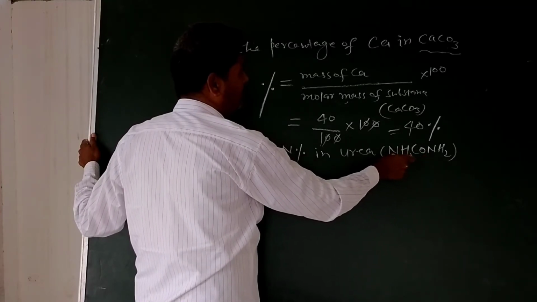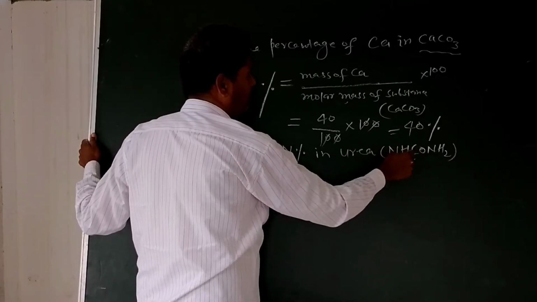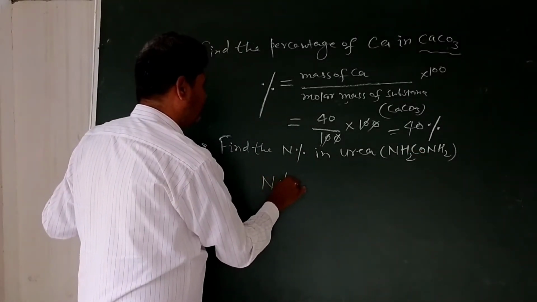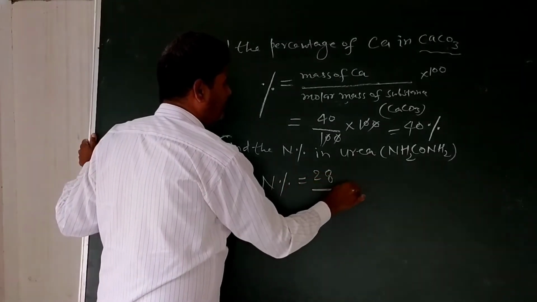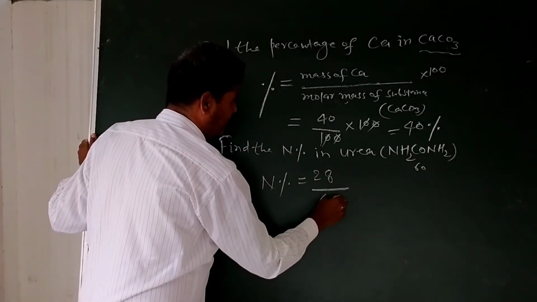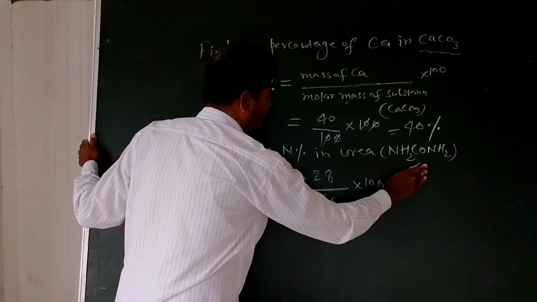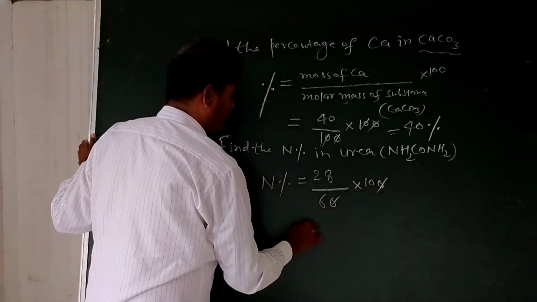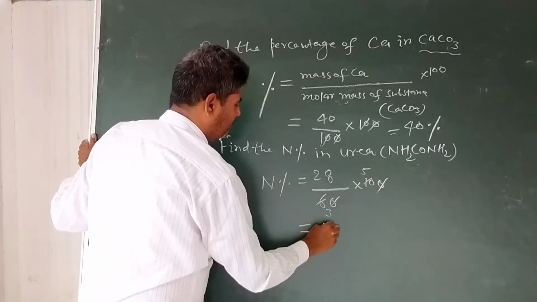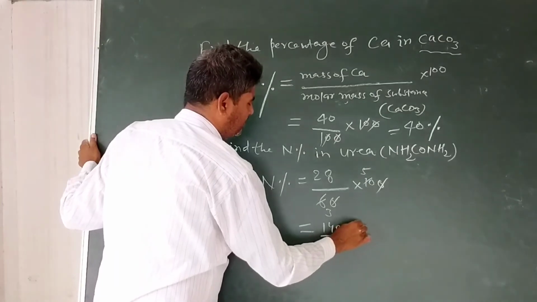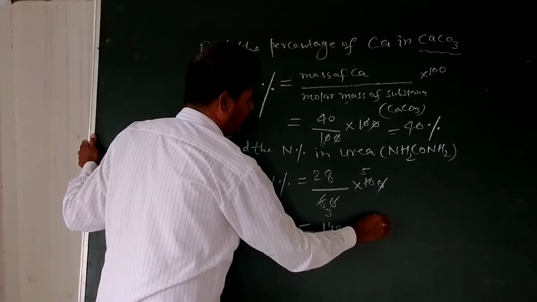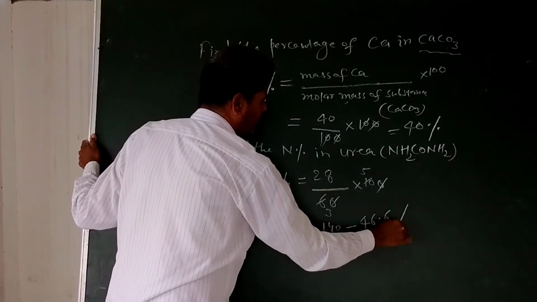The mass of each nitrogen is 14. Therefore the mass of these two nitrogen is 14 plus 14, 28. The molar mass of urea is 60. So 28 upon 60 into 100, which gives 46.6%.